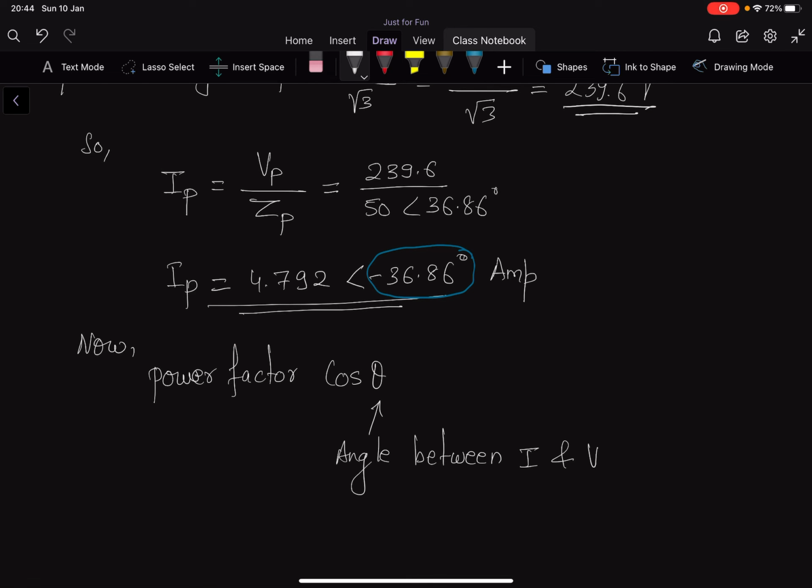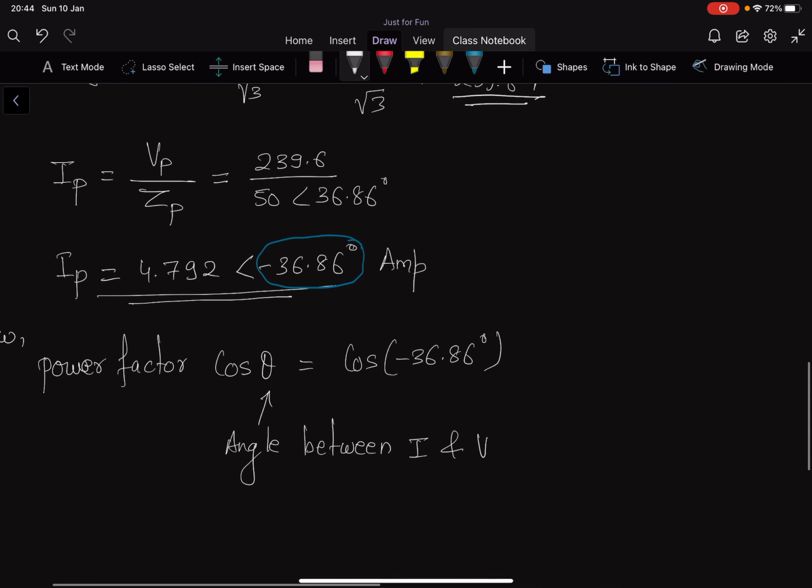So the power factor here is going to be cos of minus 36.86 degrees, and that's the angle between your voltage and the current. If you draw the phasor diagram between the voltage and current, you are going to see something like this, with the current lagging, because it's negative.